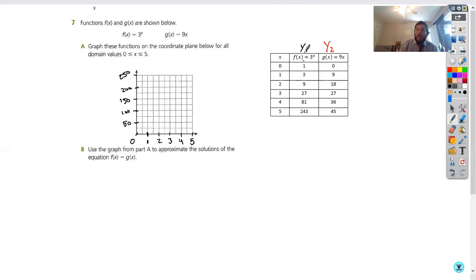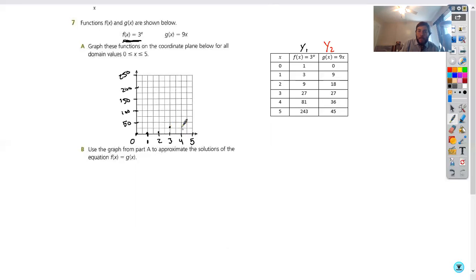So I'm going to start by graphing our first function, which is going to be in black, and it's f of x equals 3 to the x, which is an exponential function. So at 0, we really are at a point 1, which is pretty close to 0 down there. At 1, we're at 3, still pretty small, because remember, this line here represents 25. At 2, I'm at 9, so I'm a little bit closer to maybe halfway up there. But then at 3, I'm at 27. So now I'm right above 25.